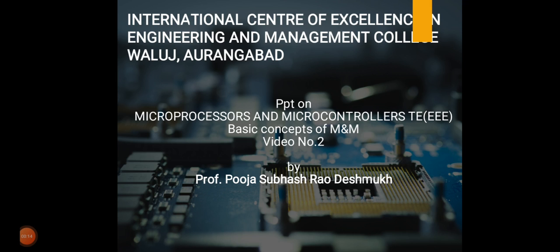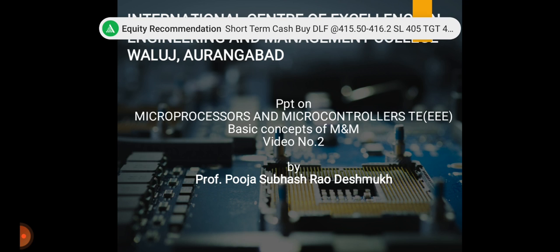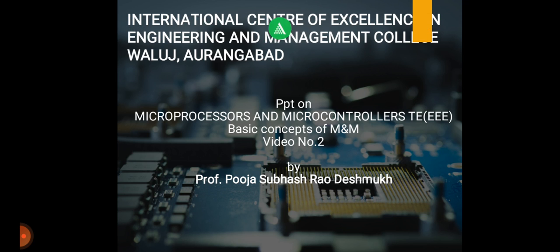Today is our second lecture on the microprocessors and microcontroller subject. In this lecture, we are going to study the basic concepts of microprocessors and microcontrollers. In the last lecture, we studied the detailed syllabus of M&M with 6 units, their names and subpoints.